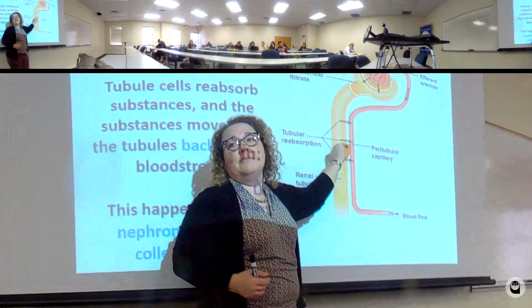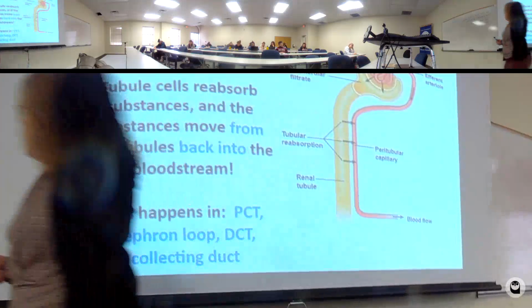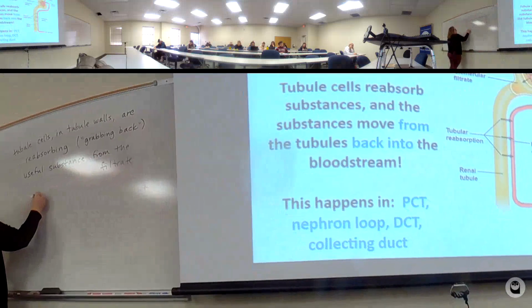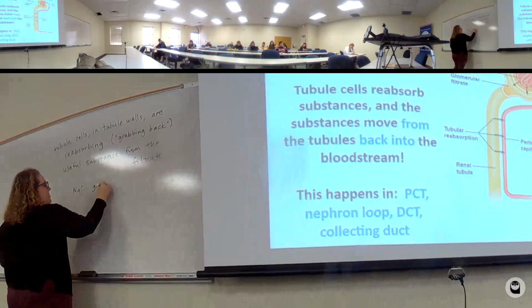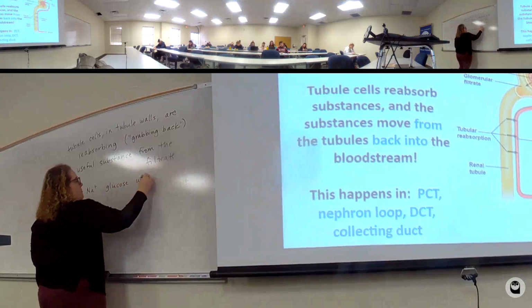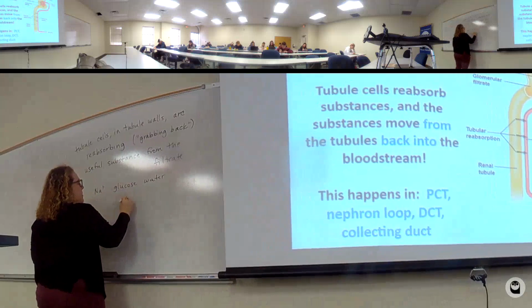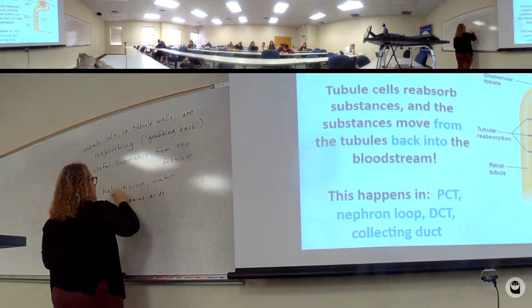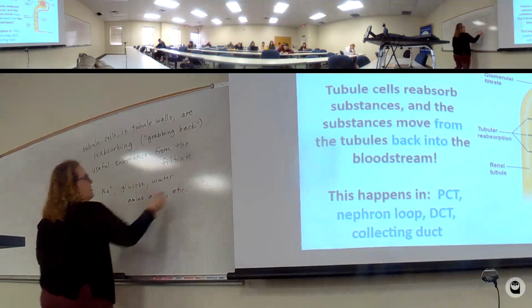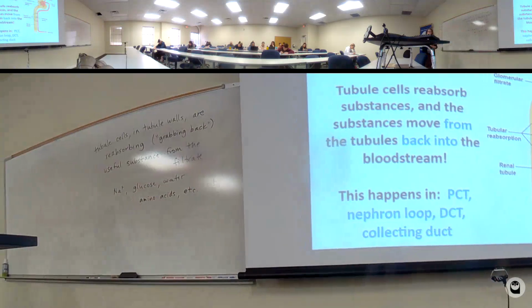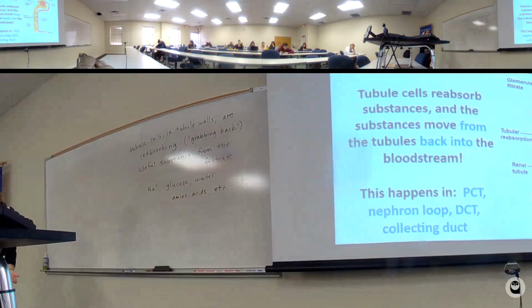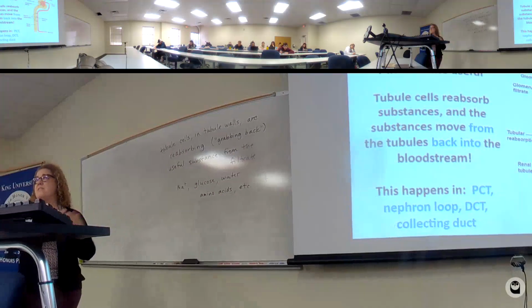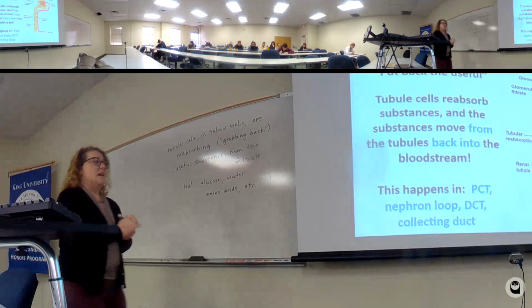It's a grabbing back. And this would include things like sodium, glucose, water, amino acids, etc. Things that we want to keep in the body. Your nephron tubules have the ability to move these things and keep them in the body.